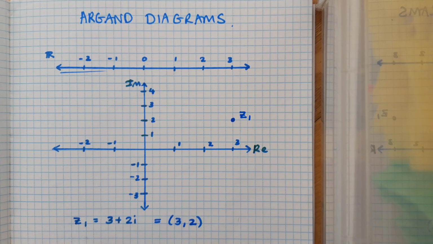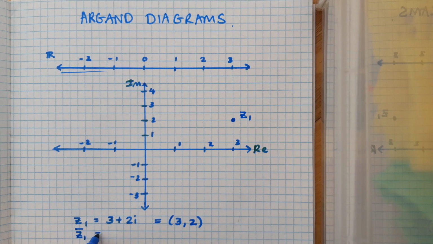I can also calculate the modulus of this complex number, and the conjugate of this complex number. And the conjugate of this complex number is 3 minus 2i. Don't forget, the conjugate is just achieved by changing the sign of the imaginary part. And so that point then would be (3, -2).